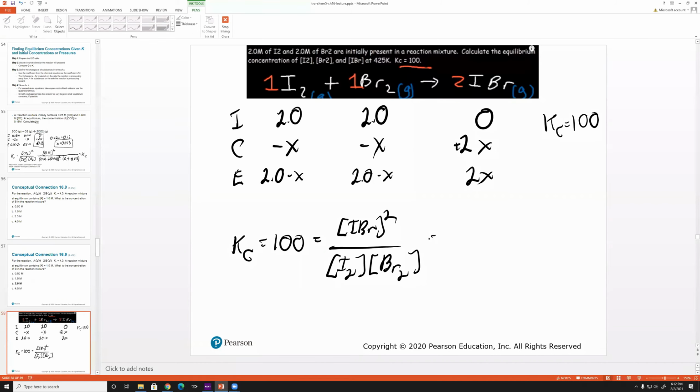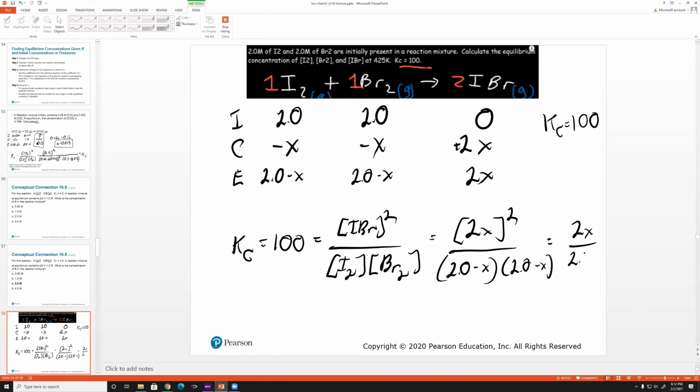We can fill this in with values related to X in order to find X. We divide by 2.0 minus X times 2.0 minus X, which simplifies a lot into 2X over 2 minus X, the whole thing squared, equals 100.